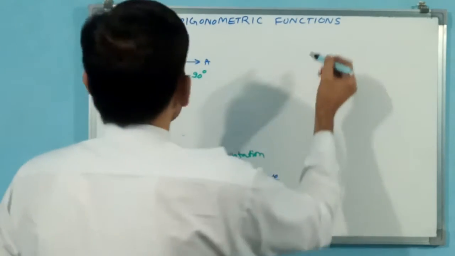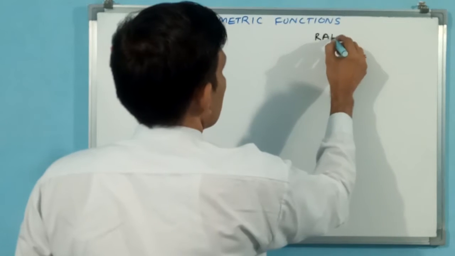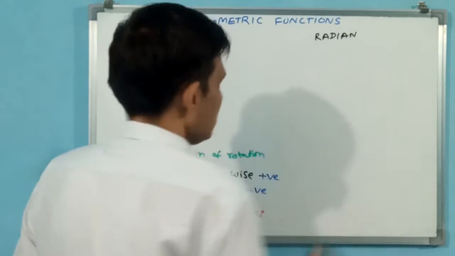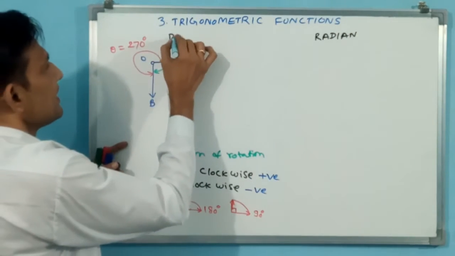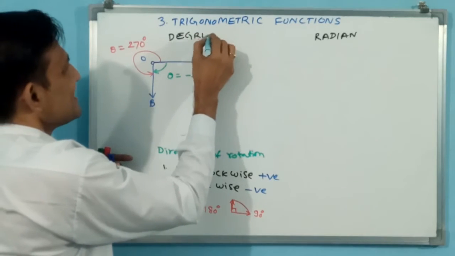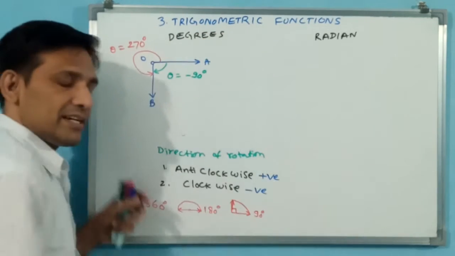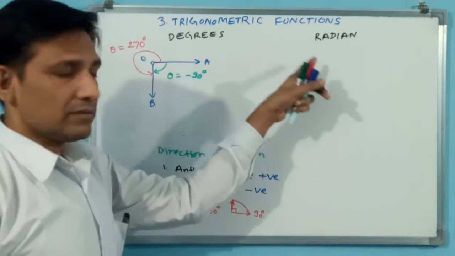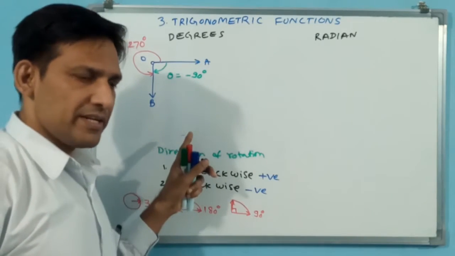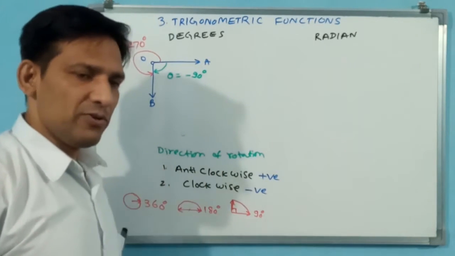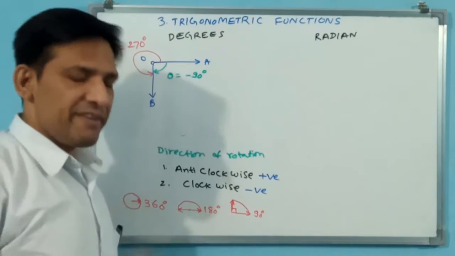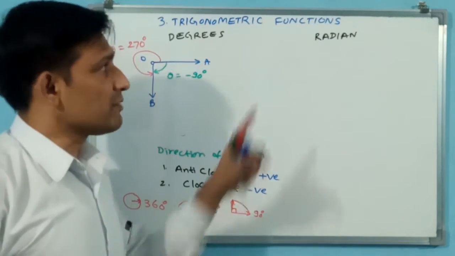Radian measurement. Now we have seen here degrees. Degrees and radian both are different. Radian measurement, degrees measurement. Both we will use in trigonometry, but by default, if nothing is mentioned, we have to take radian.